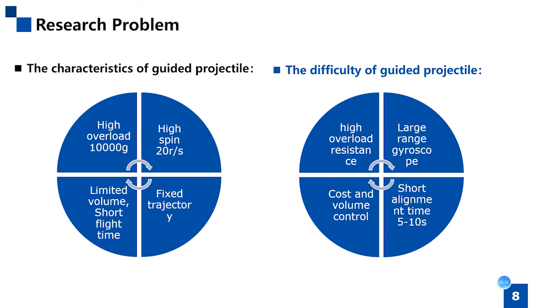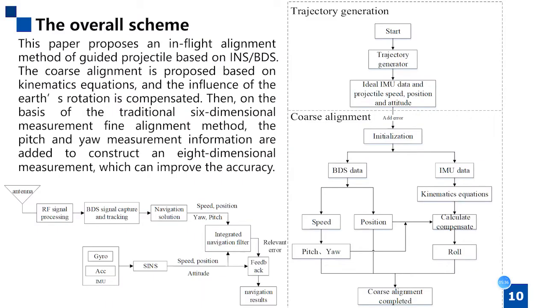What is the working principle? This paper proposes an in-flight alignment method for guided projectiles based on INS/BDS. The course alignment is proposed based on kinematic equations, and the influence of the Earth's rotation is compensated.